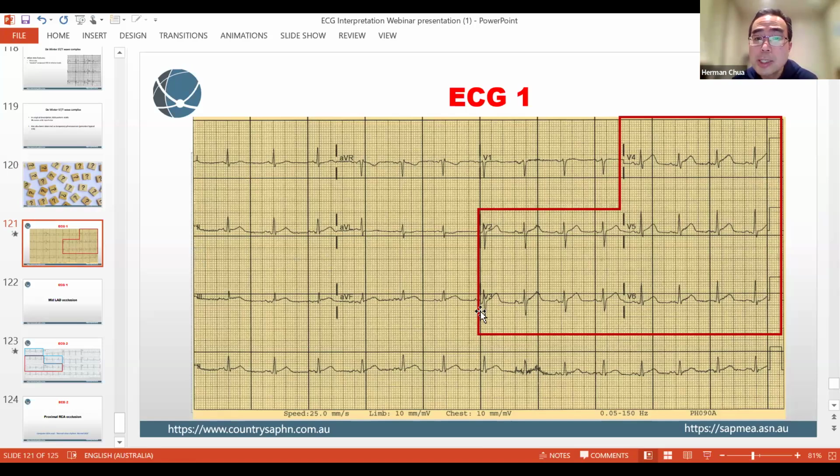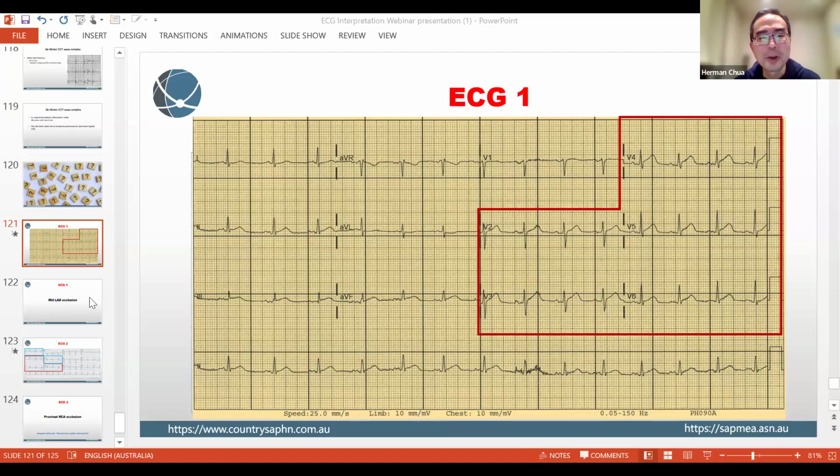You actually see symmetric, bulky, broad-based, hyperacute T waves in these leads, V2, V3, V4, V5, and V6, and no ST elevation, guys, no ST elevation. This is actually diagnostic of acute anterior MI.